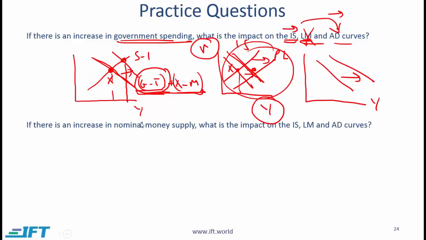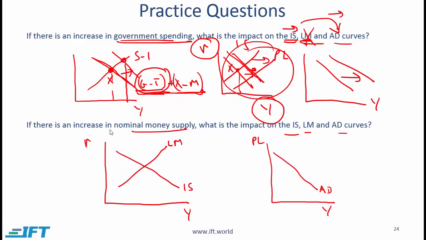Now try this question. If there is an increase in nominal money supply, what is the impact on the three curves? Here notice that we are talking about an increase in nominal money supply. If the nominal money supply goes up, then at any given price level, the real money supply is also up. If the real money supply is up, then the LM curve shifts to the right.